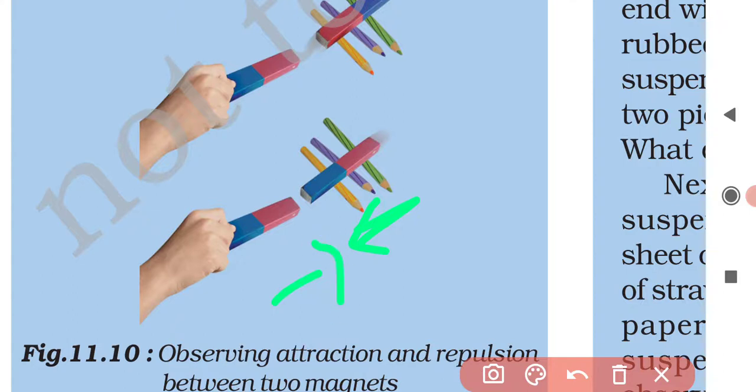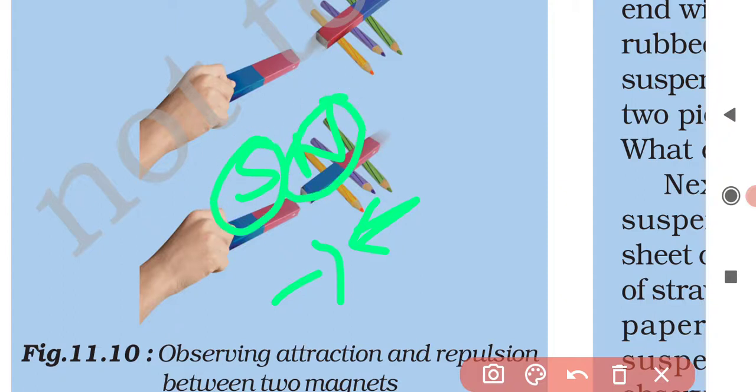So this shows that the south pole of the handheld magnet is exerting a magnetic force of attraction on the north pole of the magnet kept on the pencils, which makes it move towards the handheld magnet. Thus, unlike poles, what are the unlike poles here? The south pole and north pole.